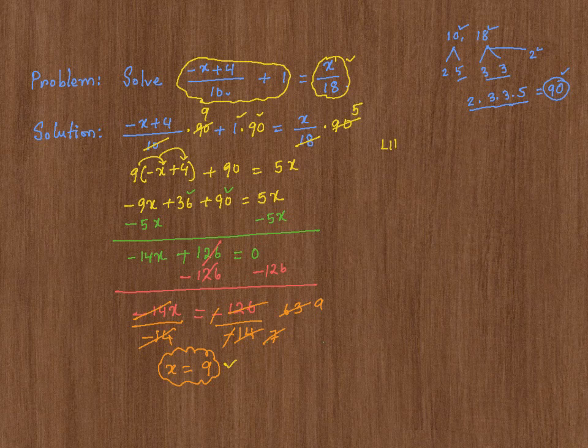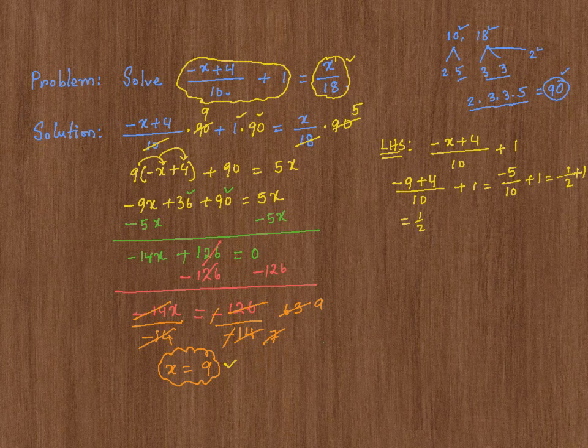So left hand side, let's call it LHS, left hand side, negative x plus 4 divided by 10 plus 1. So my x is 9, so it's going to be negative 9 plus 4 over 10 plus 1, which is, by the way, negative 5 over 10 plus 1, which is negative 1/2 plus 1, which is, by the way, just 1/2.